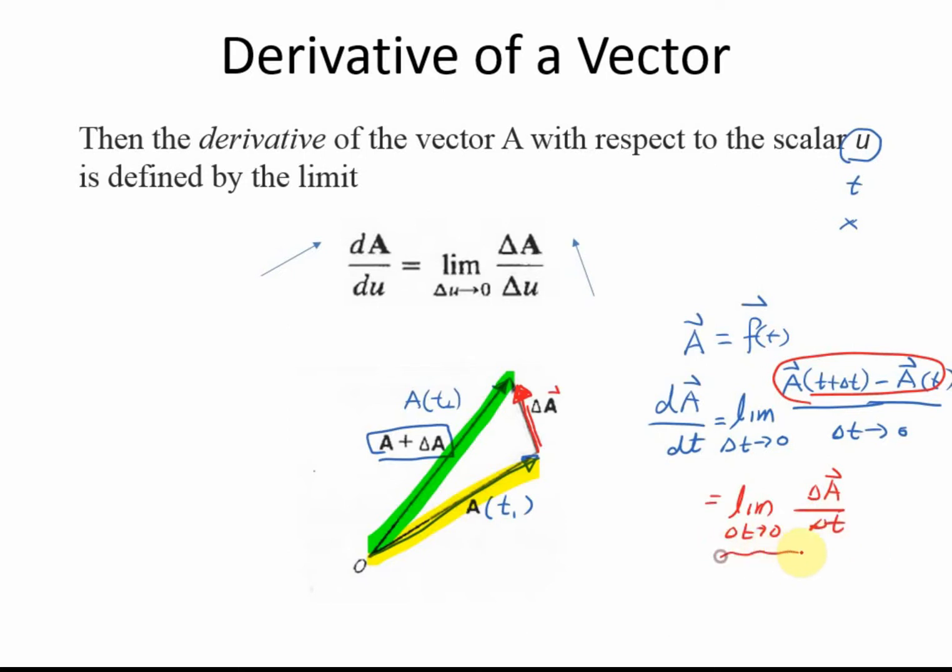This is the answer of your differentiation, but the direction is different from the direction of your original one. Your original vector is in this direction, but delta A is in this direction. So you can still use the same equations of differentiation, but you have to understand that the direction will change once you take the derivative of your vector.